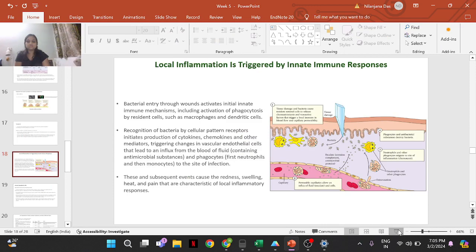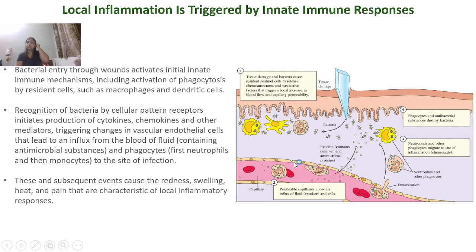First, whenever there is an entry of bacteria, it will activate the innate immune response in our body, which will activate phagocytosis by resident cells such as macrophages and dendritic cells. Here we can see the bacteria breaching our epithelial layer, maybe the skin, maybe other mucosal surfaces, and it can enter.